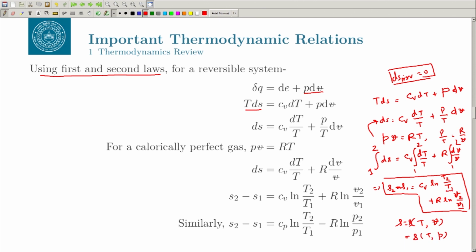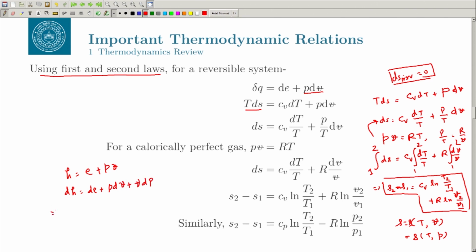And if we use the other relation, which is basically in terms of T and P, then you can write H equals E plus P v, and this will become dH equals dE plus P dV plus V dP.